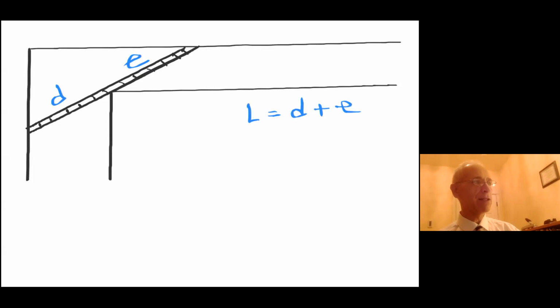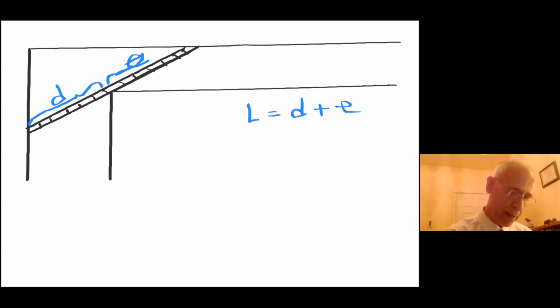The hint is that this part of the ladder, the author calls it D, and this part is called E, and of course the ladder is D plus E. So the ladder L equals D plus E.